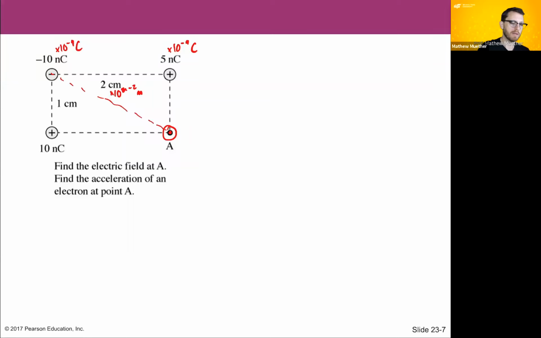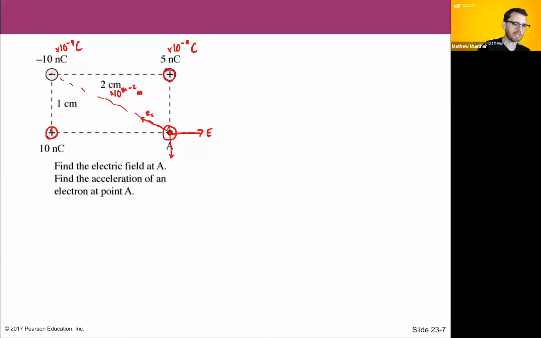So that negative 10 nanocoulombs is going to generate an electric field that points radially in towards that negative charge. That 5 nanocoulomb charge up here is going to generate an electric field that points radially away, which points downwards. And this positive 10 nanocoulombs is going to put some electric field that points in this direction. Let's give them some names.